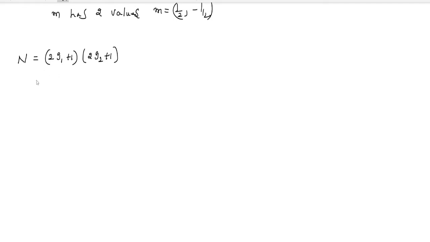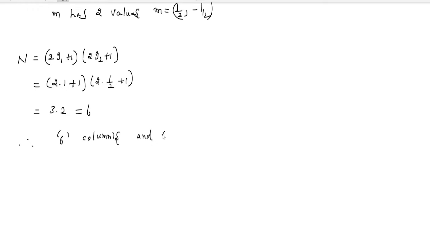I know the j1 j2 values. Substituting, 2 into 1 plus 1, 2 into 1 divided by 2 plus 1, 3 into 2, so 6. So 6 columns and 6 rows.